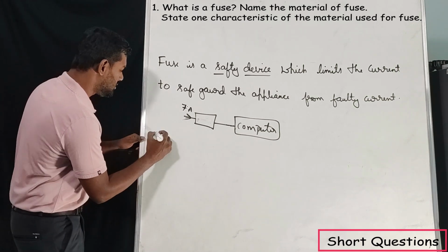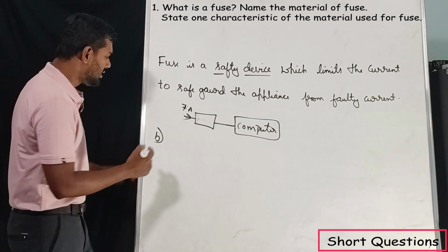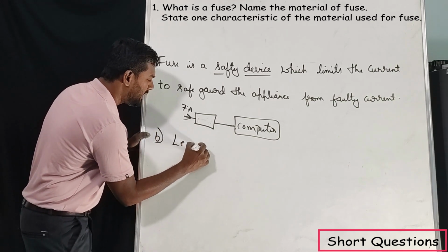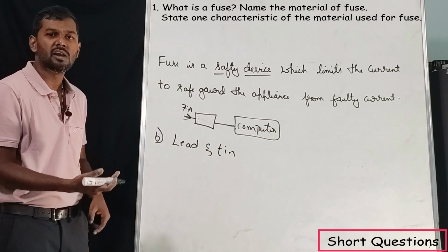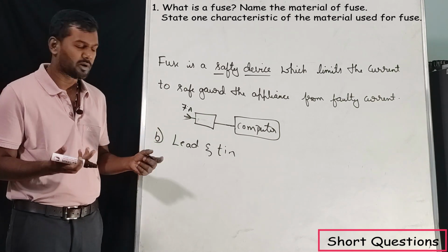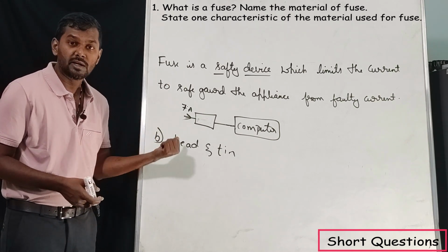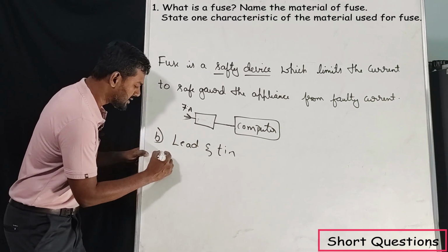We have some more questions. Name the material of fuse. See, the material we use is lead and tin. In normal wires, what are we using? Copper. Here we are not using copper, so definitely it has some different nature, right? That is what they are asking.